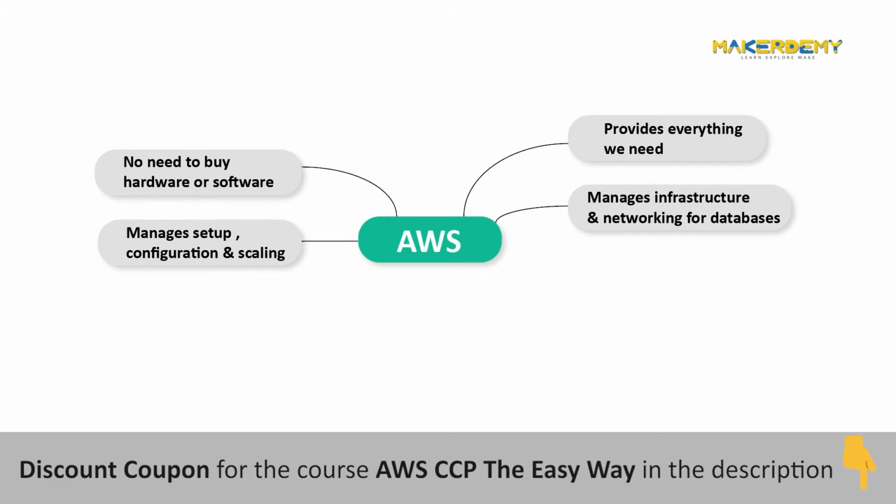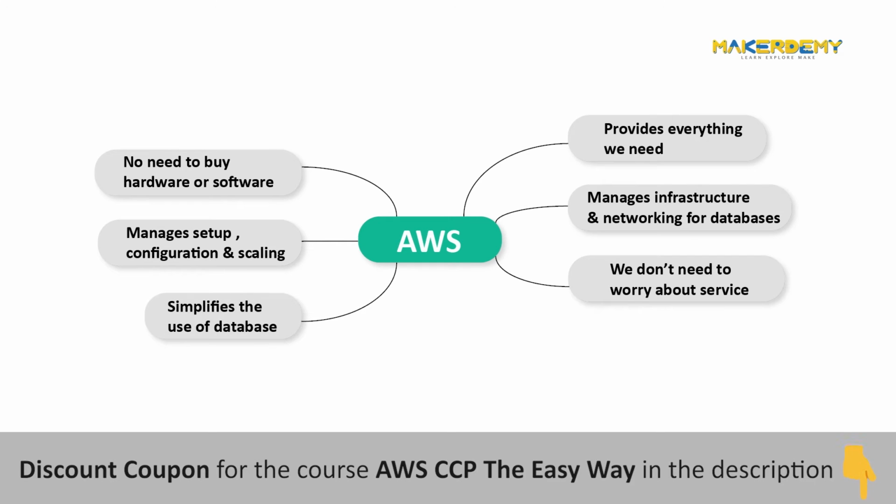AWS manages all of the setup, configuration, and scaling of the compute layer, so that's another thing we don't have to do. Now, this means there's less things for us to worry about before we start using the database service itself. That really simplifies the use of a database. It makes it faster and cheaper for us to set it up and use it.